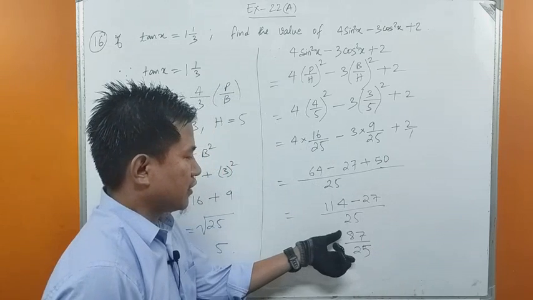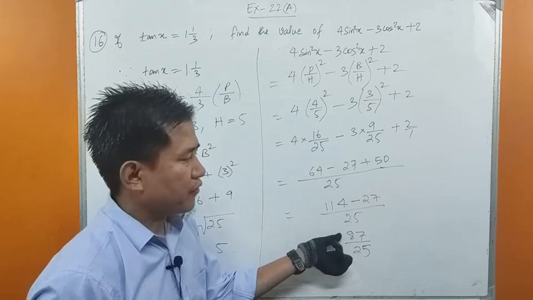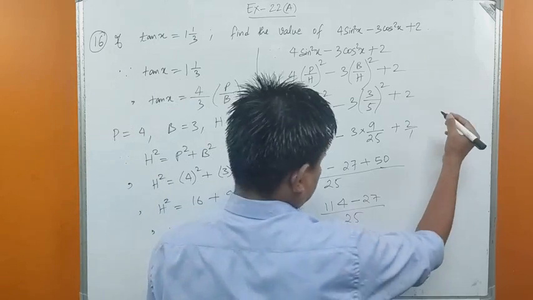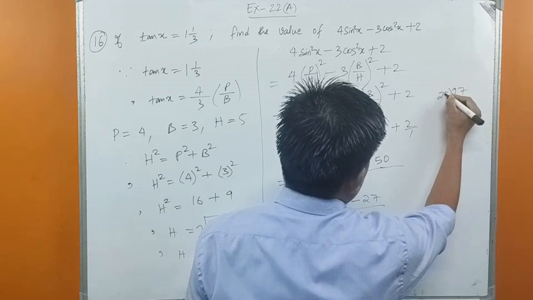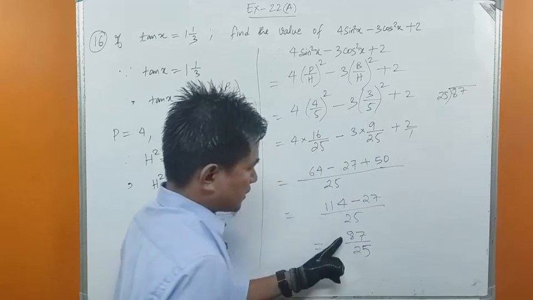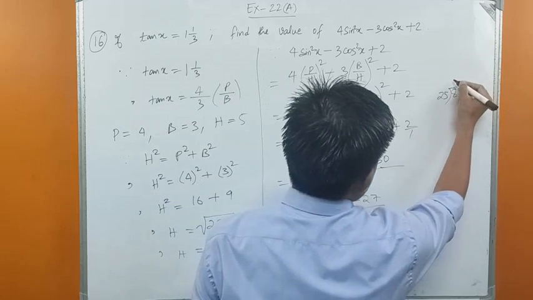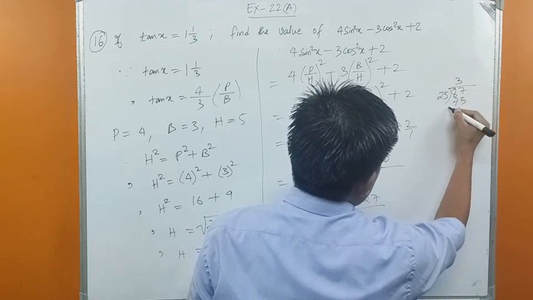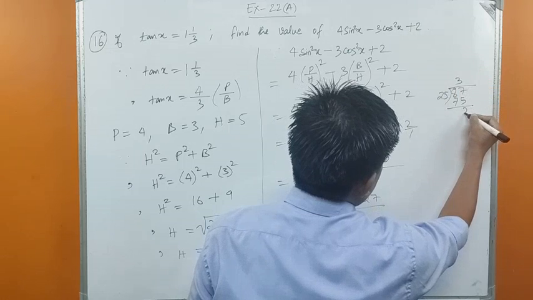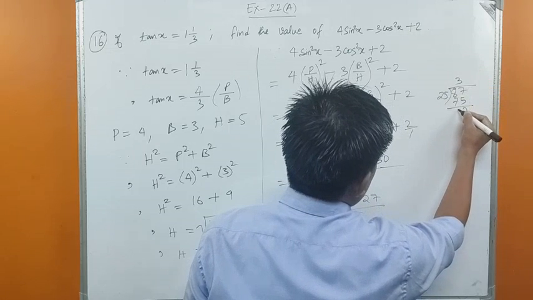Now 87 upon 25 is an improper fraction. Let us convert this into a mixed fraction. 87 upon 25. 25 2s are 50, 25 3s are 75. 87 minus 75 is 12.